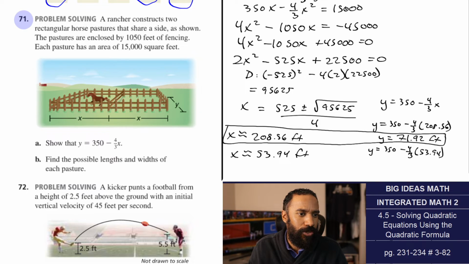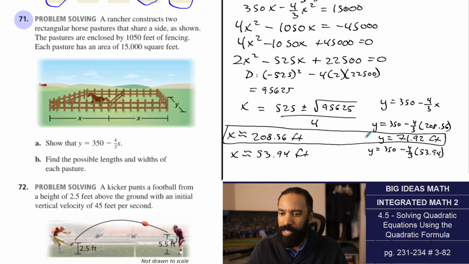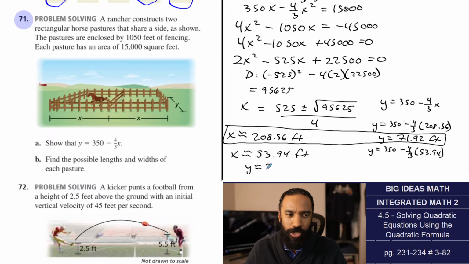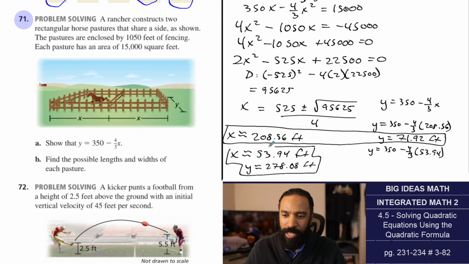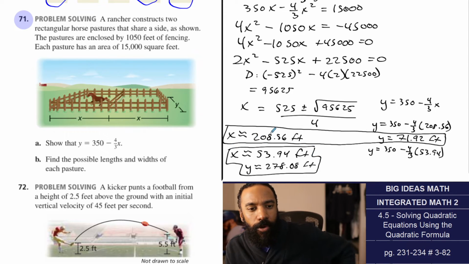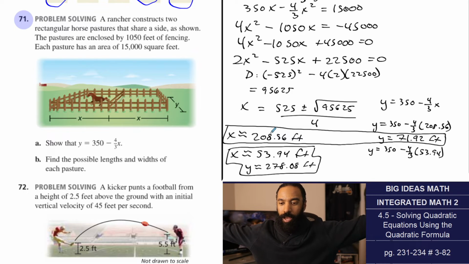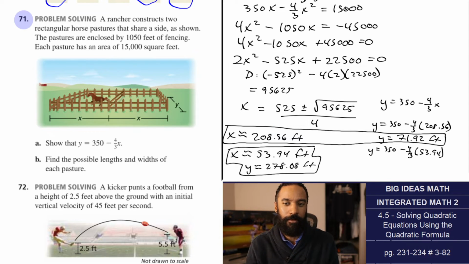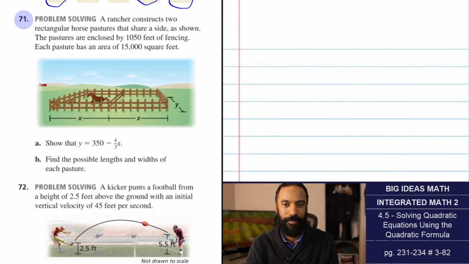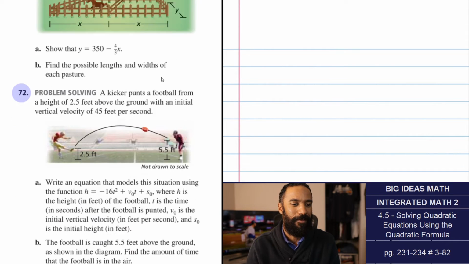We're getting 278. So the other one for this is y is about 278.08 feet. So that's the other possible lengths and widths. It says of each pasture. Okay, wow. I'm going to move on from that problem because they weren't clean numbers. I think maybe I had a wrong number somewhere. I'm sorry if I did.